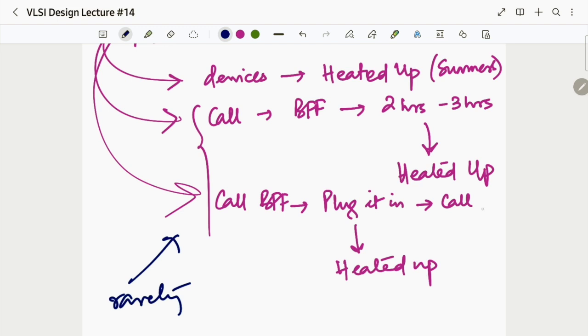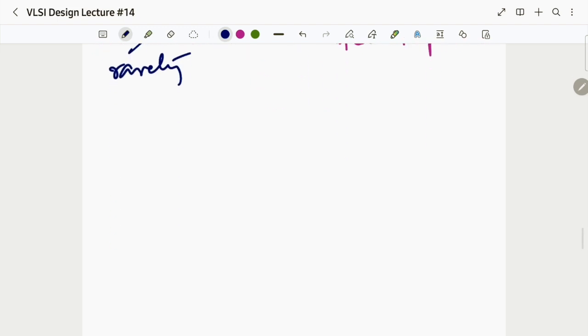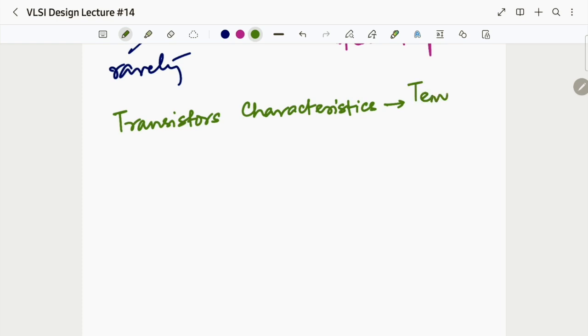Now we have to understand that a transistor's characteristics are always temperature dependent. Why?